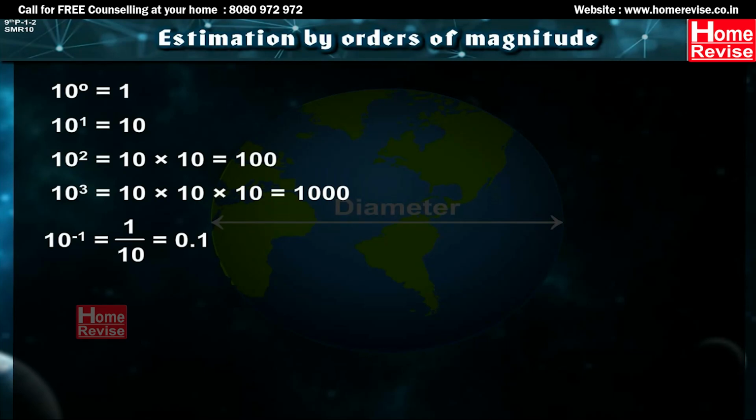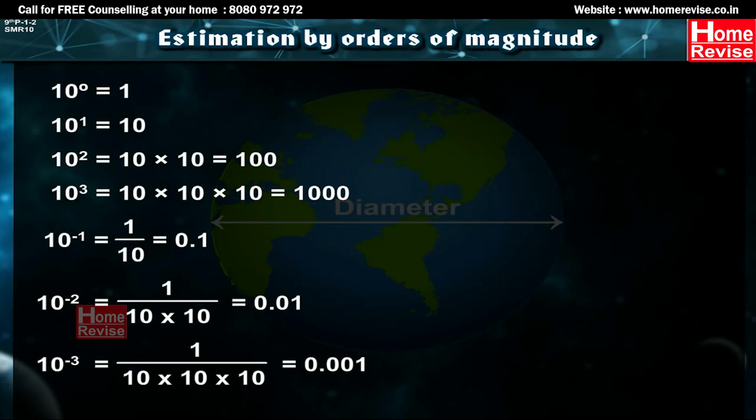10 raised to minus 1 is equal to 1 upon 10, which equals 0.1. 10 raised to minus 2 is equal to 1 upon 10 into 10, which equals 0.01. 10 raised to minus 3 is equal to 1 upon 10 into 10 into 10, which equals 0.001, and so on.